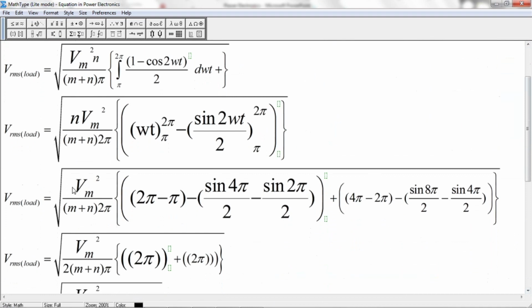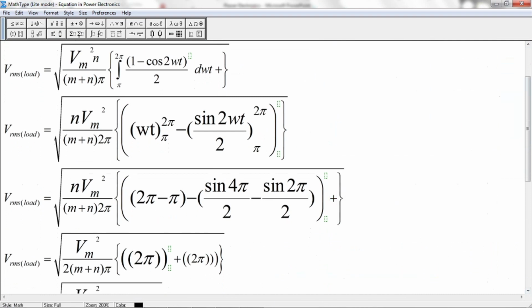So n is here, n is there, and only this part remains. This is 2 pi. So what happens now? This is 2 pi, this is 2 pi.